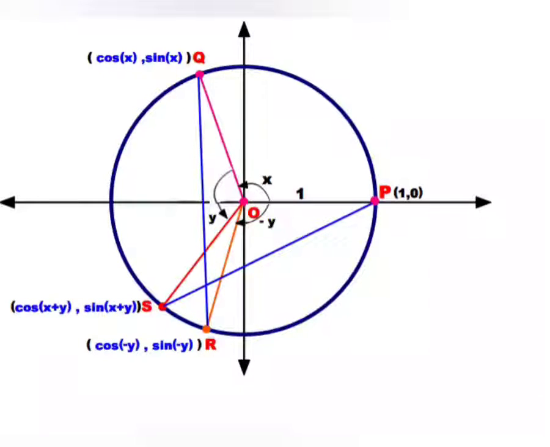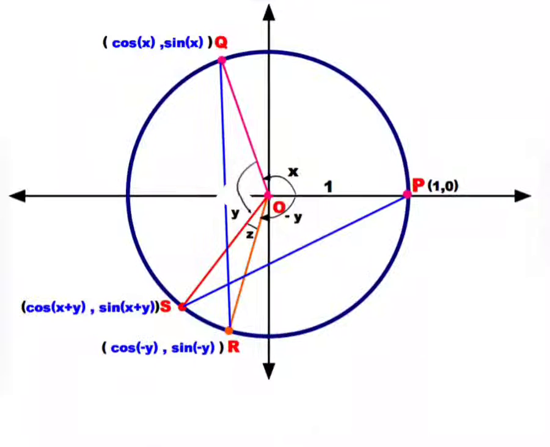In triangle OQR and OPS, OQ is equal to OS as they are radius of same circle. Similarly, OR is equal to OP.